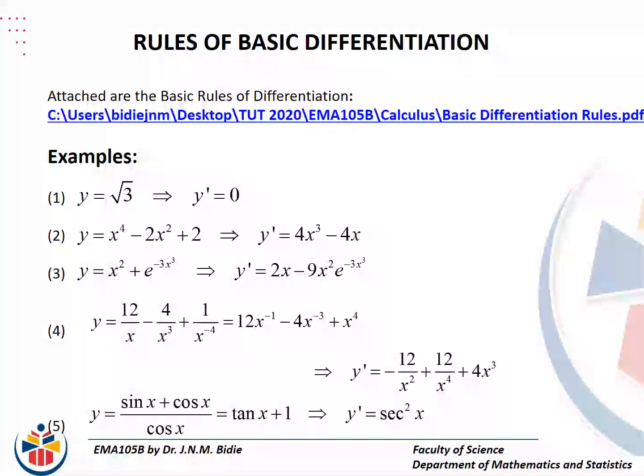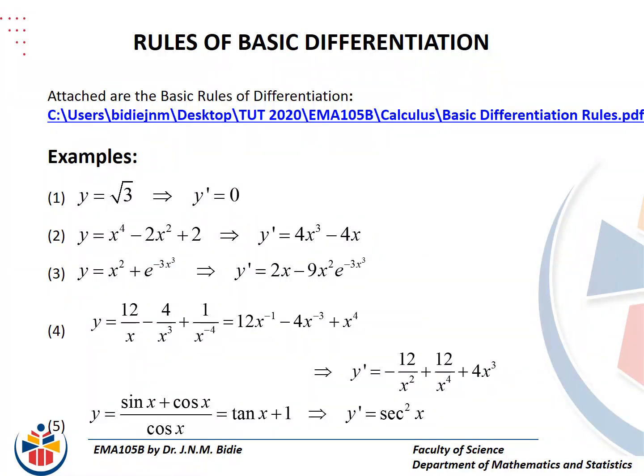Number 5, y is equal to sine x plus cos x divided by cos x. Now we're going to the different derivatives of transcendental functions, which are just trigonometric functions actually.